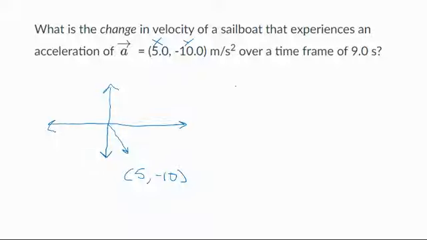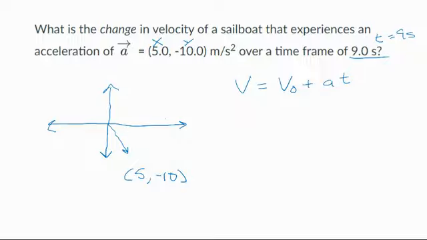There's a formula that's this. Right? Your final velocity is equal to your initial velocity plus the acceleration times time. And we do have a time here of 9 seconds. So t equals 9 seconds.